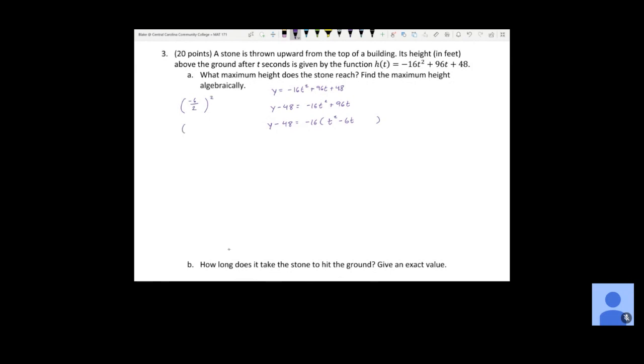If I simplify that now, negative 6 over 2 is negative 3. And what's negative 3 squared? Positive 9, good. That's our new c value, so I put plus 9 over here. And so what do we have to remember to do on the other side now?